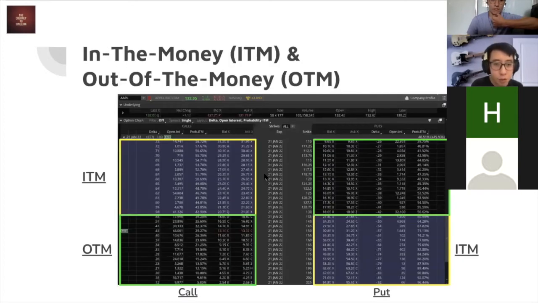Let me show you one thing. Normally, for a $1 movement in a stock price, let's say from 120 to 125, there's a $5 gain for one share. So in total, you gain 500 per contract.